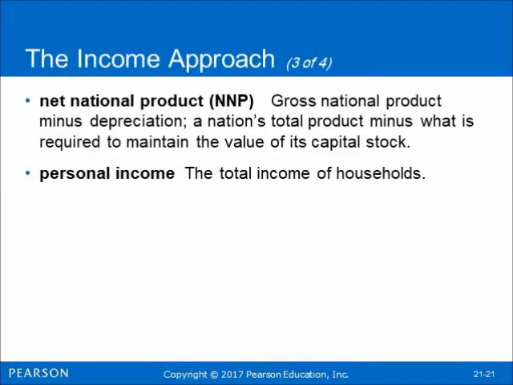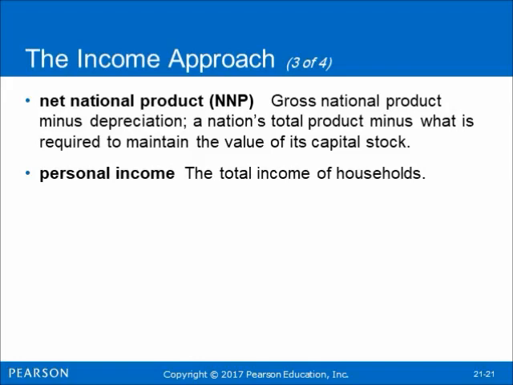Net National Product, or NNP. This is exactly what we mean by national income, and it refers to gross national product minus depreciation, a nation's total product minus what is required to maintain the value of its capital stock.